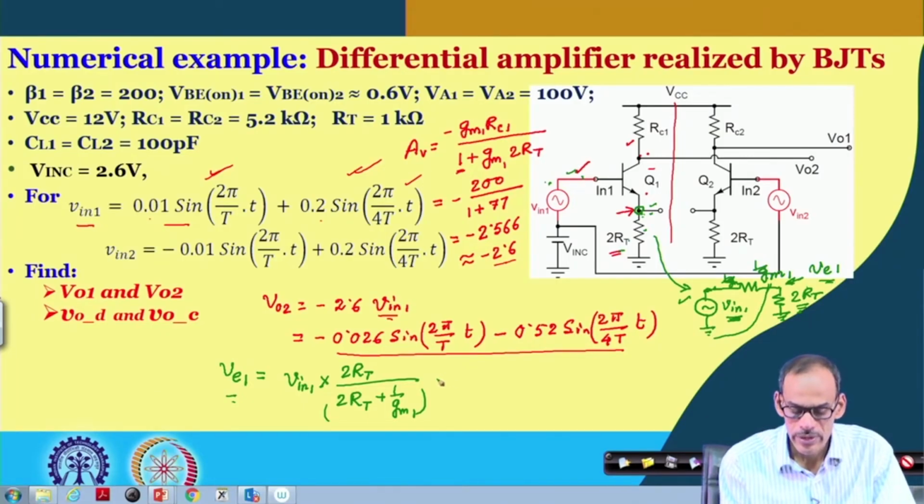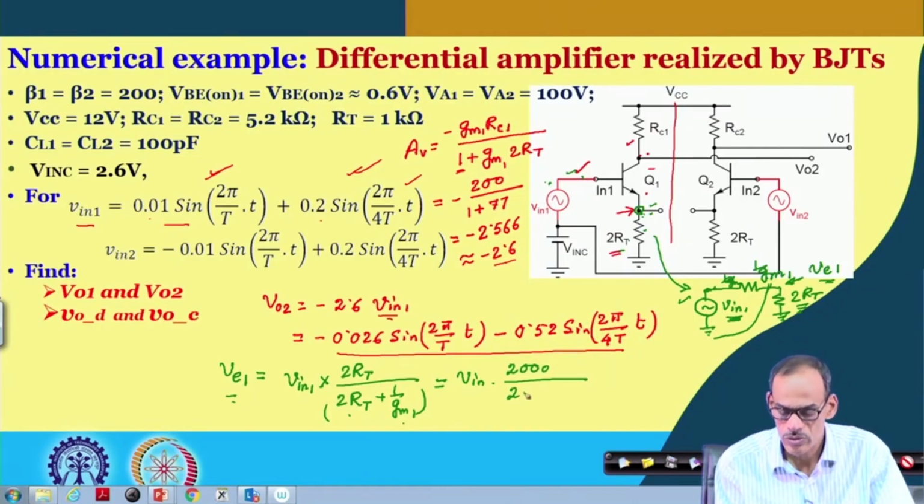So, if I calculate this one, it is coming Vin1 multiplied by this is 2K, so 2000, and this is 2000, this is 1 by gm1, that is 26, so 2026. In fact, this part becomes very close to 1.